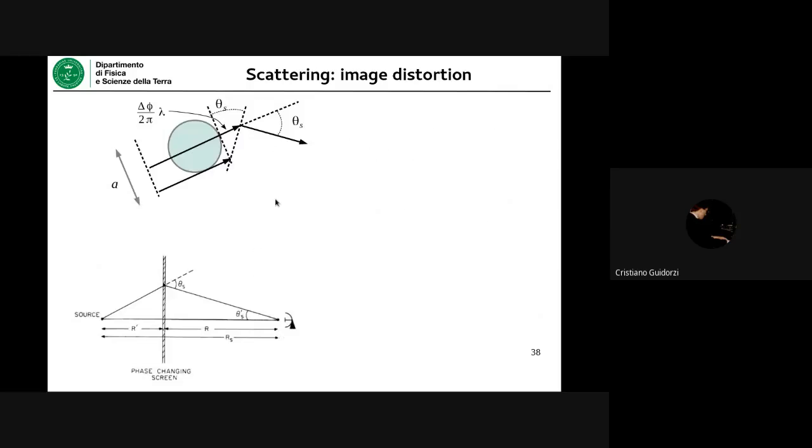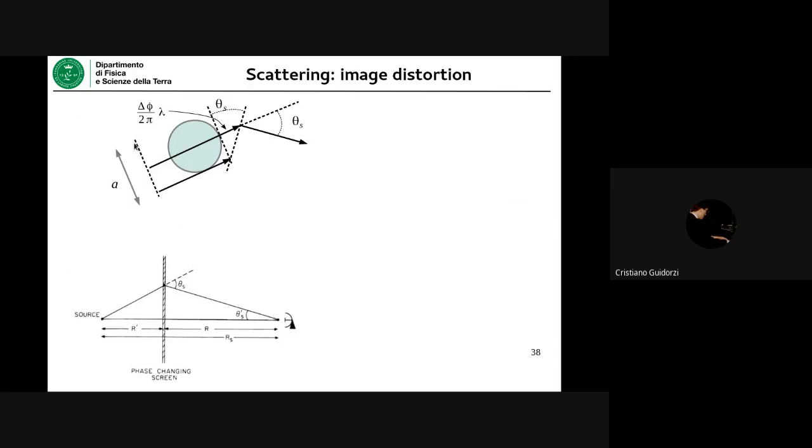Okay, we'll see. So let's see now more in detail what happens. Let's consider one single blob. Let's focus here on the top panel, on the top figure. Here I just wanted to represent one single blob, which I ideally represent as just a sphere.